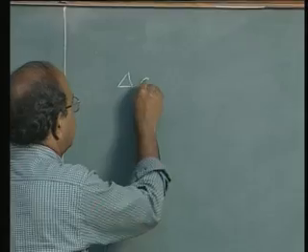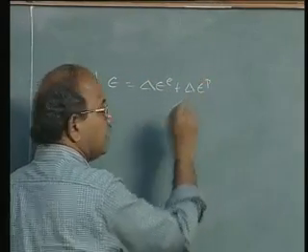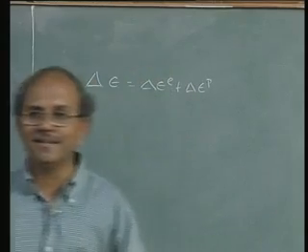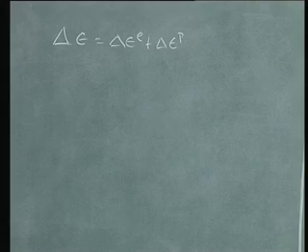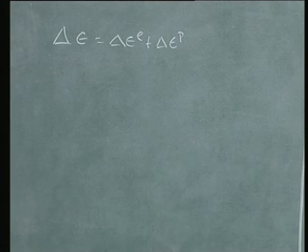So let us say that delta epsilon can be written as delta epsilon E plus delta epsilon P, which we did right in the beginning, and then write delta epsilon E in terms of delta sigma and Young's modulus.